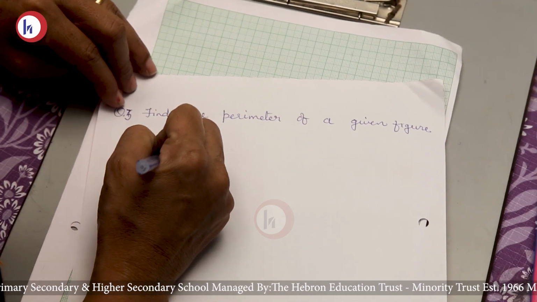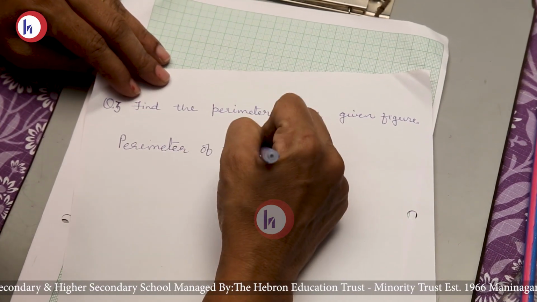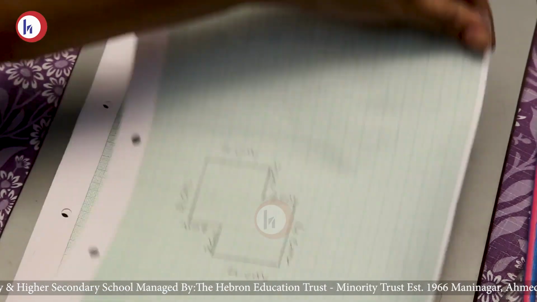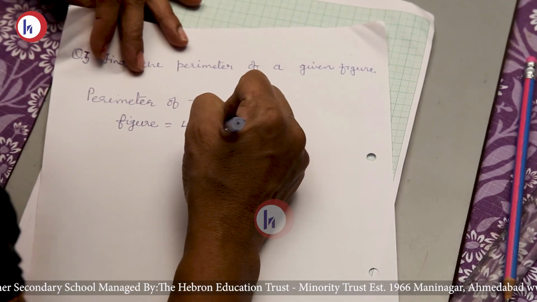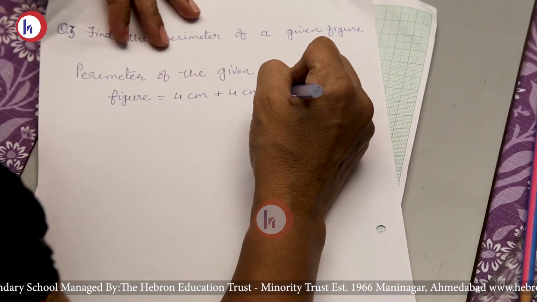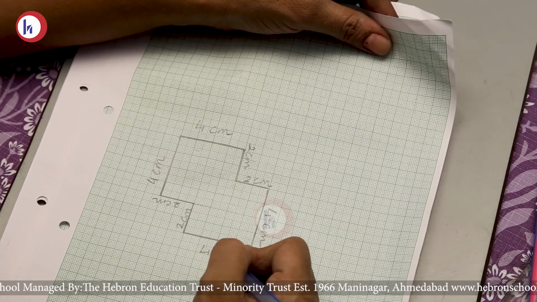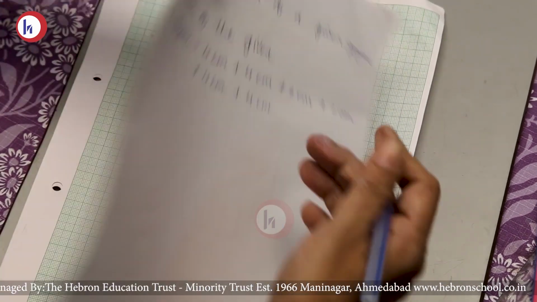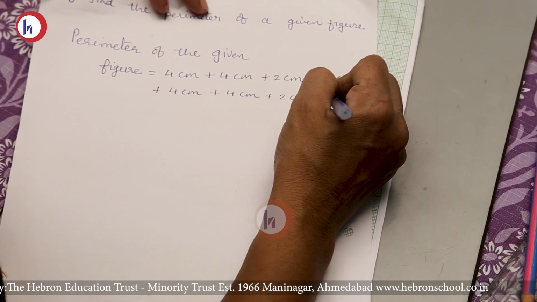Perimeter of the given figure is equal to, we are starting from here, 4 plus 4, 4 centimeter plus 4 centimeter plus 2 plus 2 plus 2 centimeter plus 2 centimeter, then see 4 plus 4 plus 4 centimeter plus 4 centimeter, then 2 plus 2 plus 2 centimeter plus 2 centimeter.